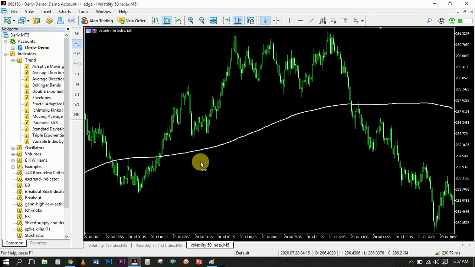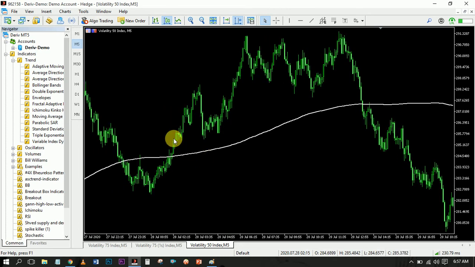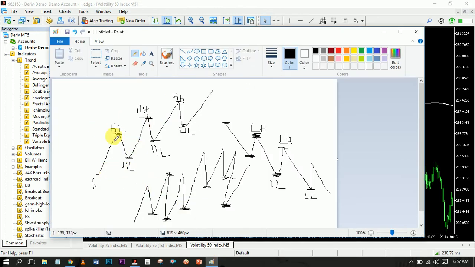So what do I need to do? The next thing I need to do is, since it's an uptrend, I start looking for higher highs and higher lows.